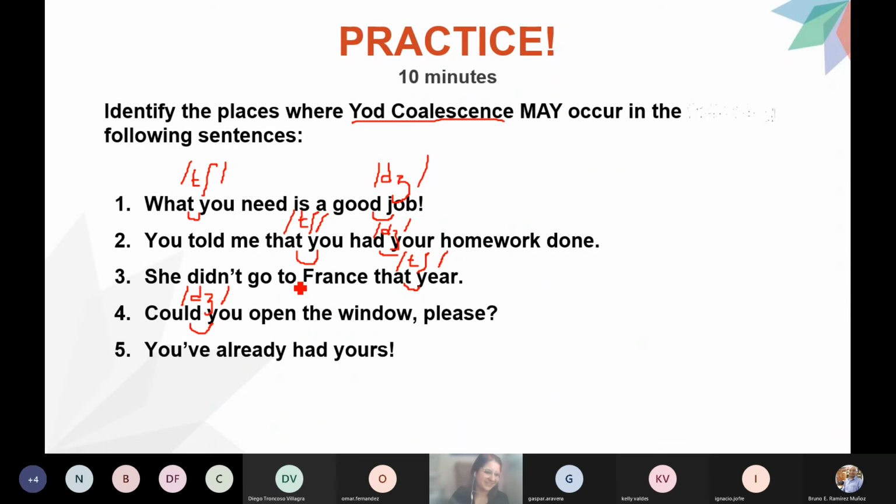That's correct. So now, Marieta, last but not least, were you able to identify where yod coalescence was present in sentence number 5? Marieta? No? Nicolás? Duran? No?